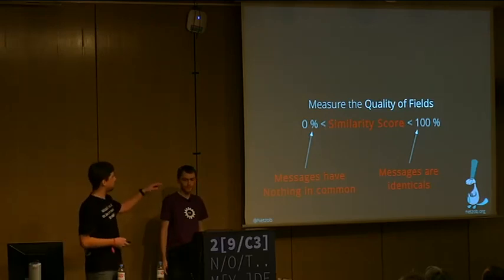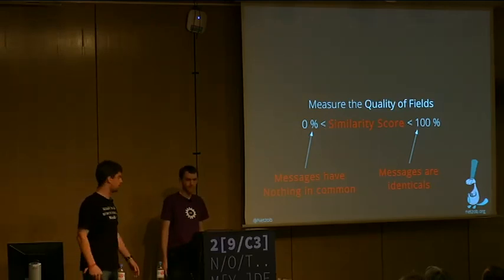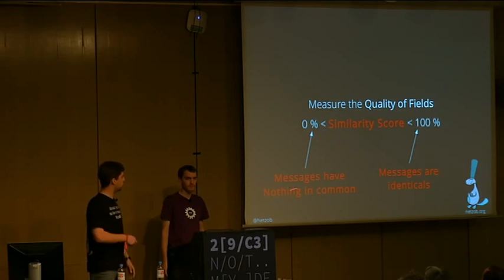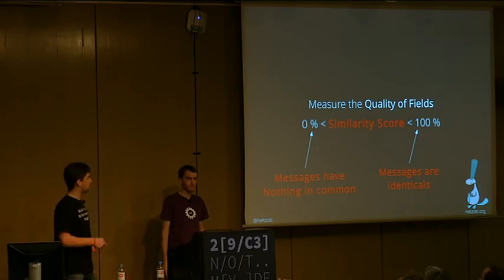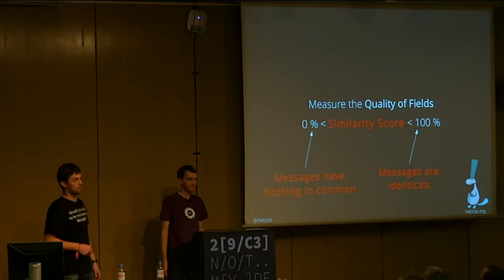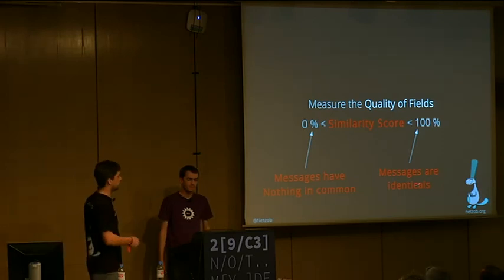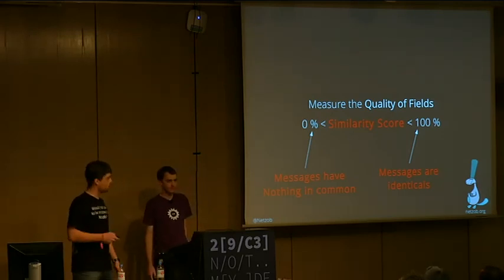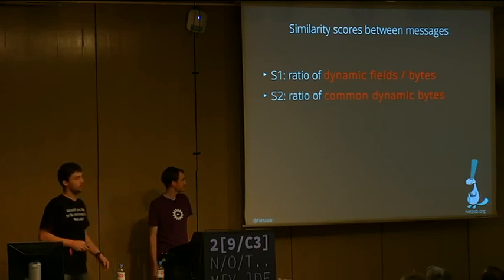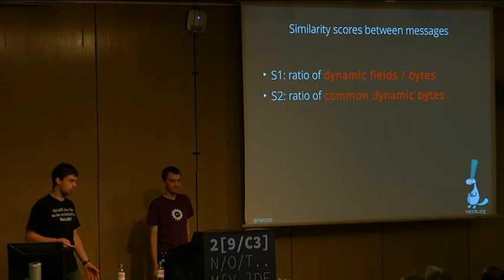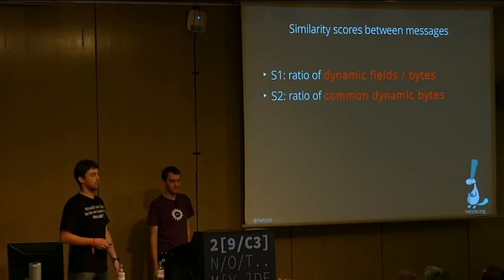If two messages have a 0 similarity score, it means they have nothing in common, whereas if it's 100% similar, it means messages are almost identical. So we define a few scores or ratios we use to define if the alignment is efficient or not.